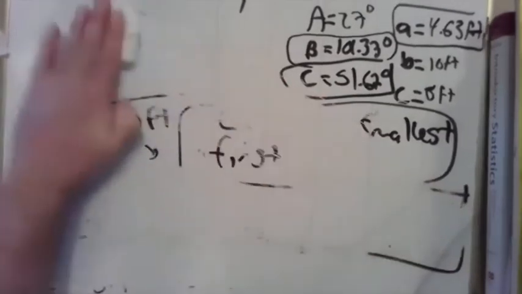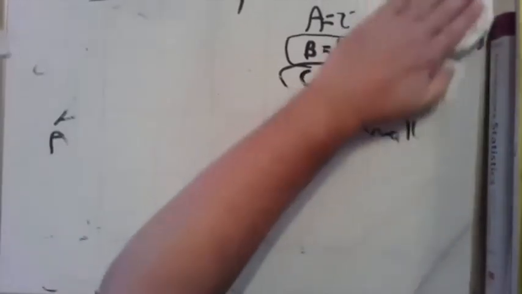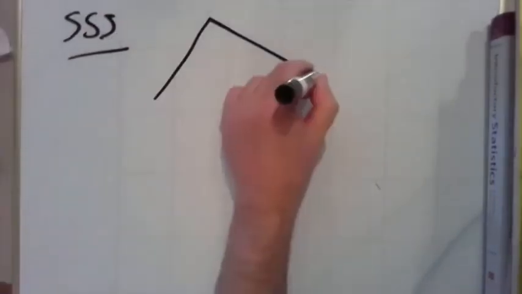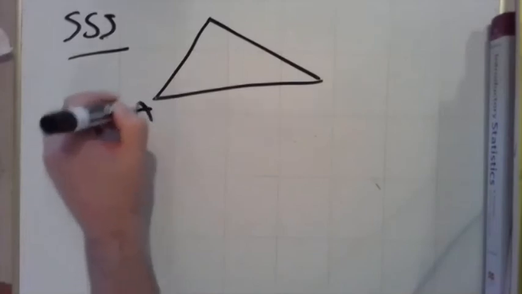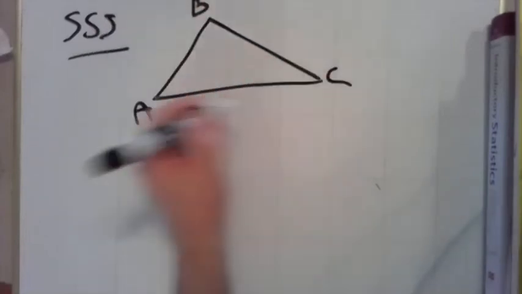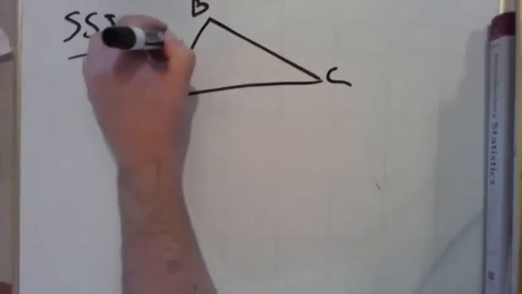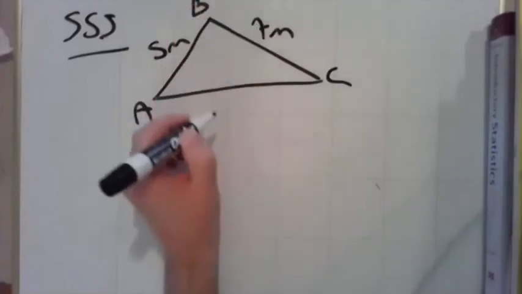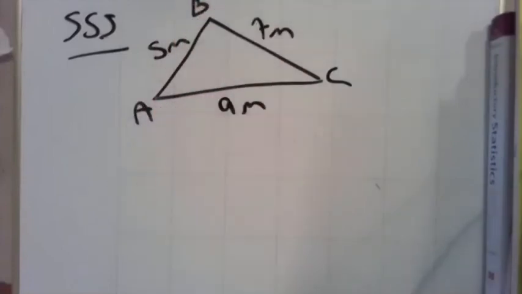All right, now let's do a side problem. So here we know all three sides. We don't know any of the angles. Say that's 5 meters, 7 meters, 9 meters.